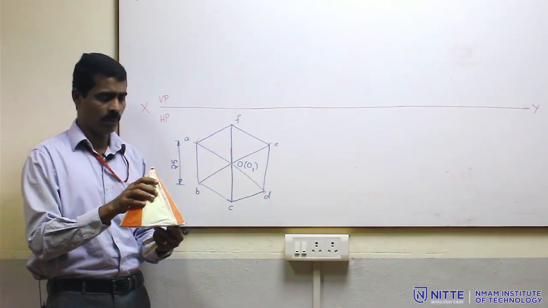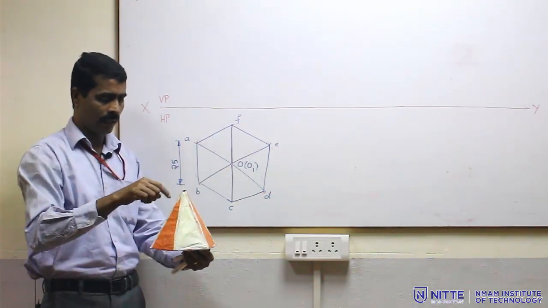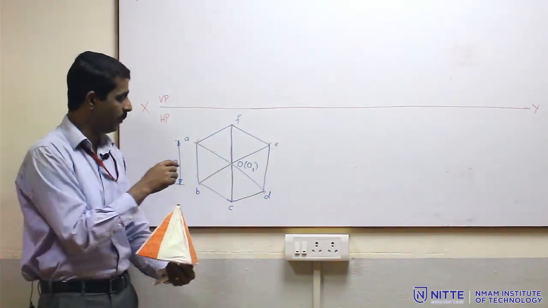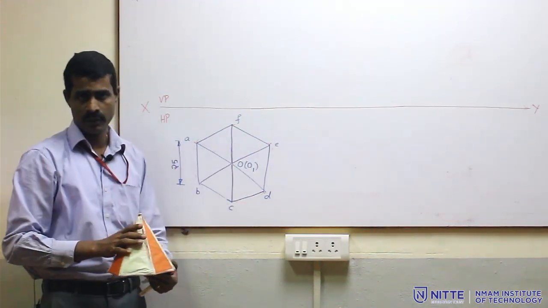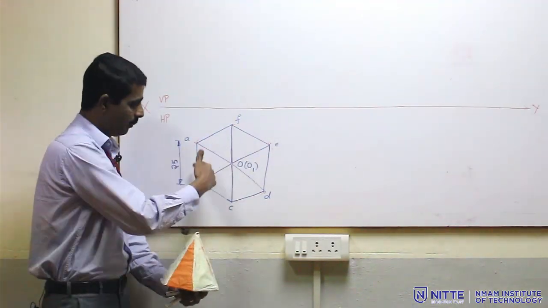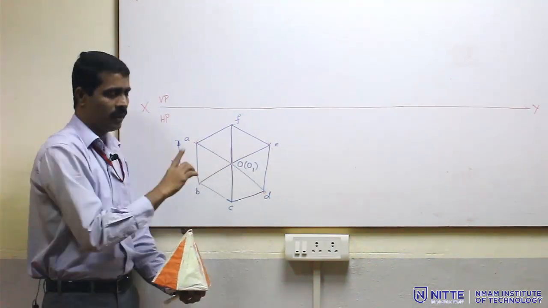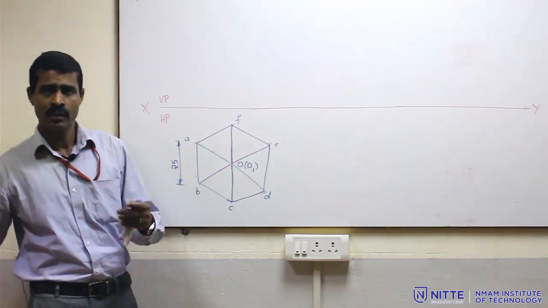It is the edge condition problem, and the top view is a hexagon, and all the slant edges OA, OB, OC, OD, OE, OF are visible. The boundary is A, B, C, D, E, F, and from the top all the slant edges are visible, so all these lines are 0.4 mm thick, which are visible.